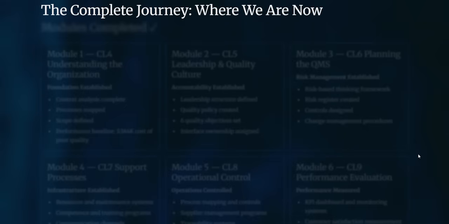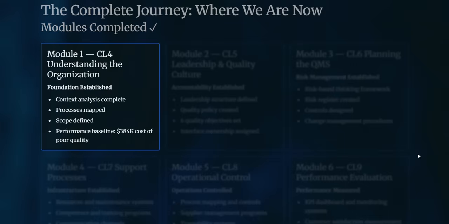Complete journey, what we have learned so far, we'll cover it quickly. We have covered 6 modules now. Module 1, which is Clause 4, understanding the context of the organization. We have established the foundation there, and we have completed context analysis. We have mapped the process.